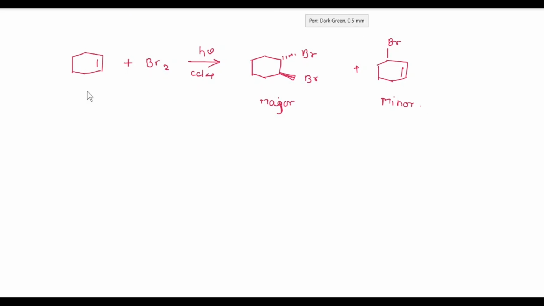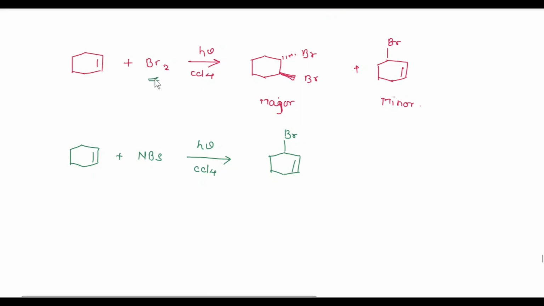But if we carry out this reaction, that is, the alkene reacts with NBS in presence of light and CCl4, we only get the substituted product. That means there is no addition product.